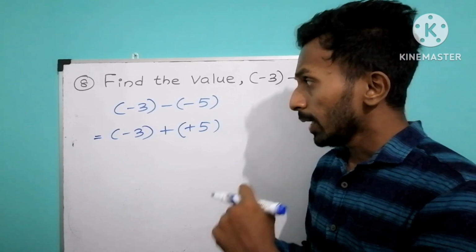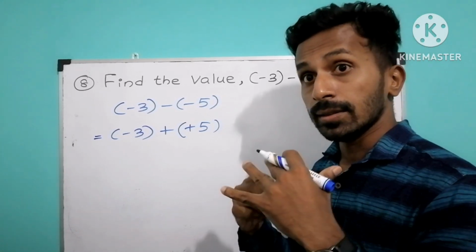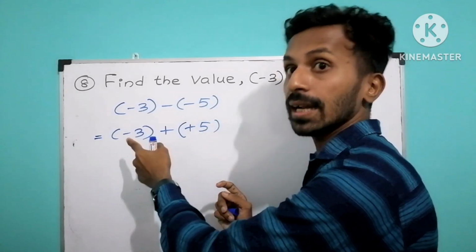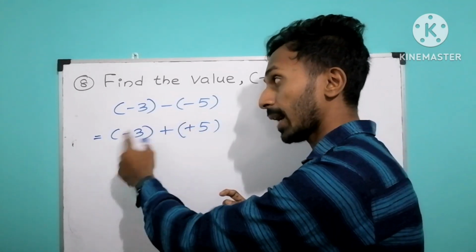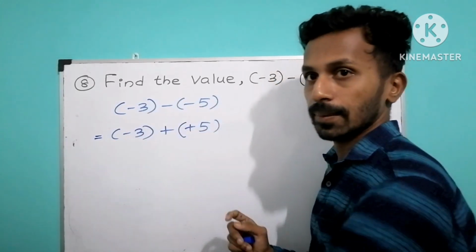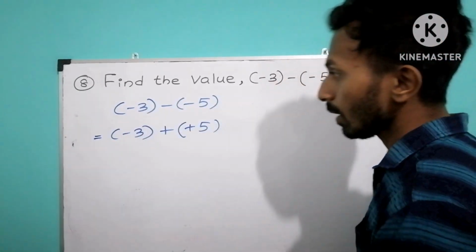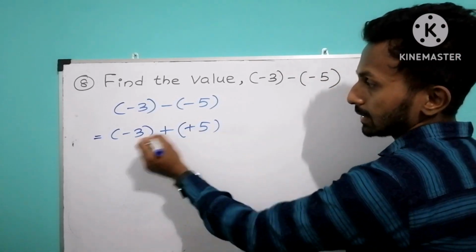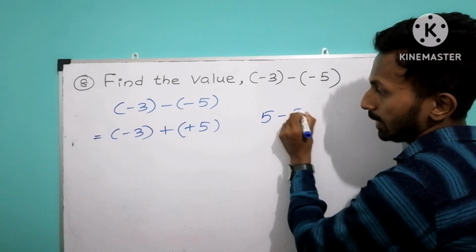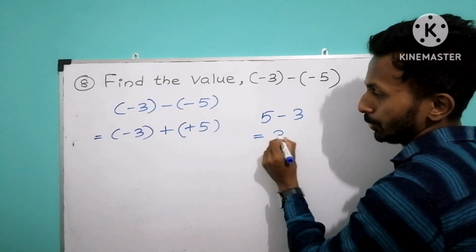Then here we take the difference of two values, because their signs are different: one is minus, the other is plus. Then we subtract 3 from 5. 5 minus 3, the answer is 2.